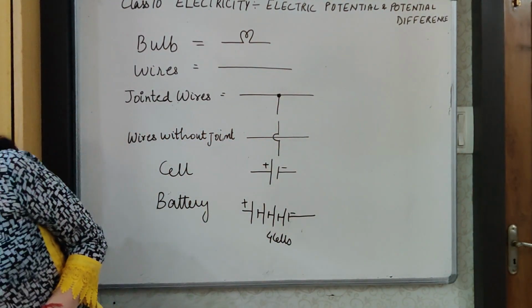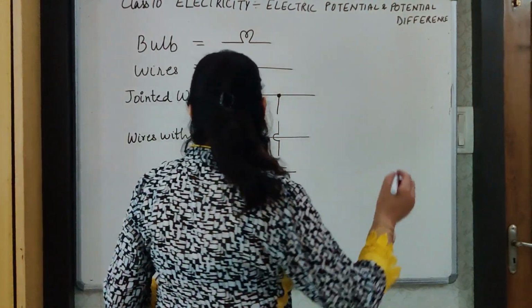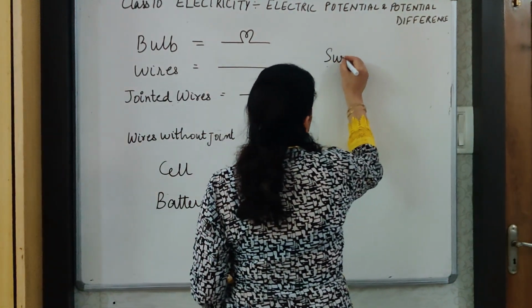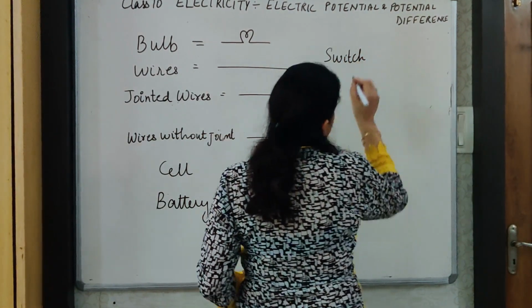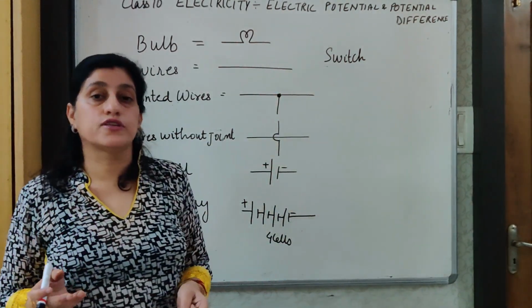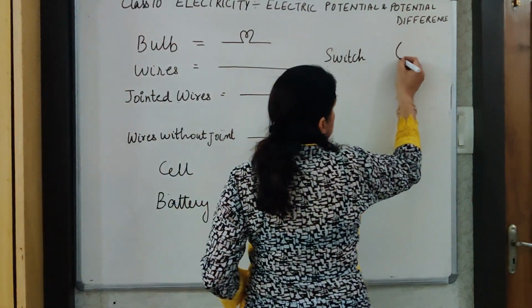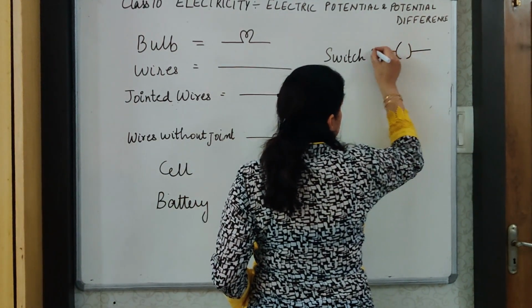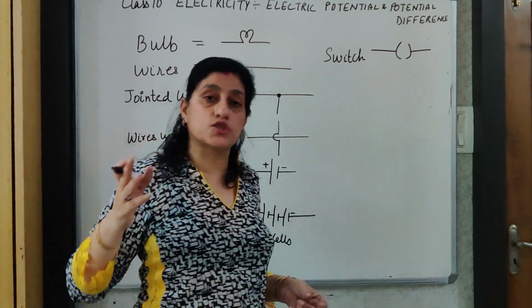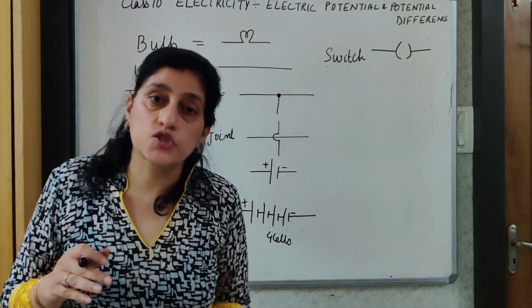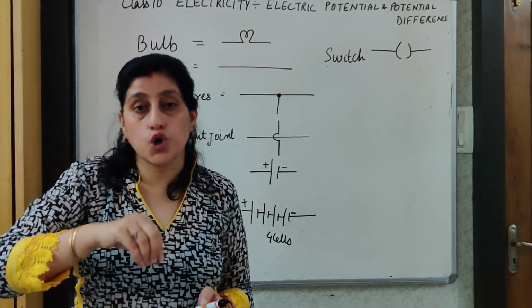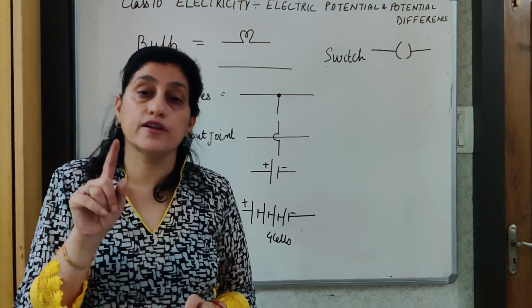Then the next symbol is the switch. A switch is used to turn the circuit on and off, or to make and break the circuit. So these wires represent an open switch. When we say open switch, it means the key is not there and no current will flow.